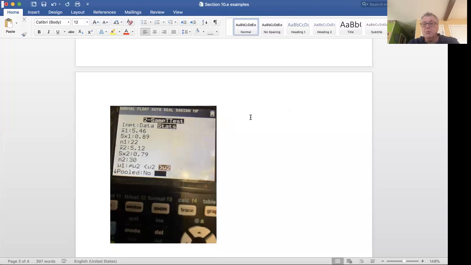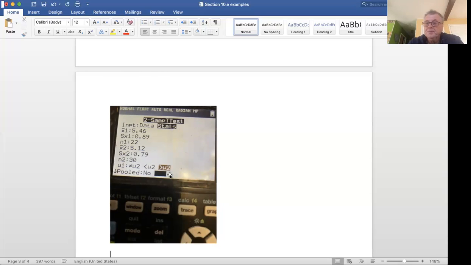If I look at the input, since everything is summarized, I have x bar 1 is 5.46, standard deviation for the sample is 0.89, sample size for group 1 is 22, for group 2 it's 5.12, standard deviation is 0.79, the sample size is 30. I highlight, just like before, the symbol in the alternative hypothesis, which is a greater than.